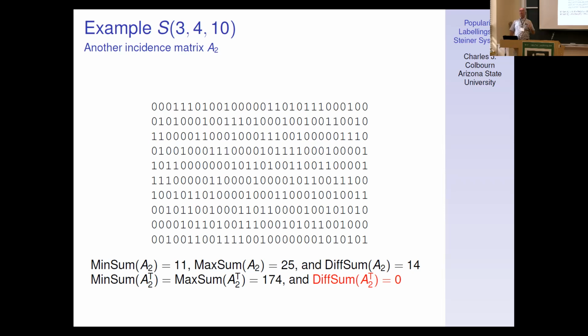I've been working on the point versions of the problems for quite some time, and I did not expect that the block versions were going to look so totally different. But here you see that I seem to be stuck with a pretty significant diff sum for looking at the column sums, but the block sums, I was able to balance perfectly.